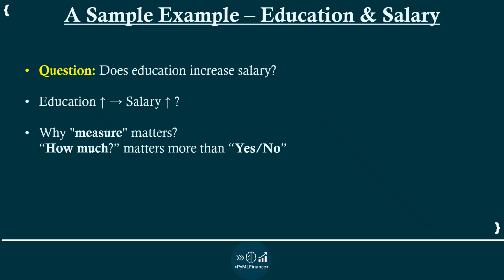All right, so now let's use one example that almost everyone understands. The question is, does education increase salary? Most people will simply say, obviously yes, education increases salary. But econometrics asks in a different, more measurable way.